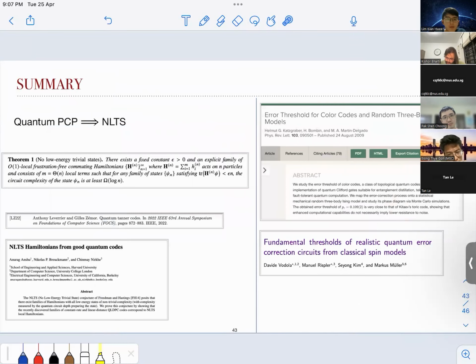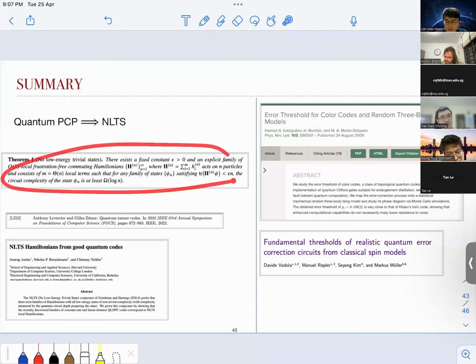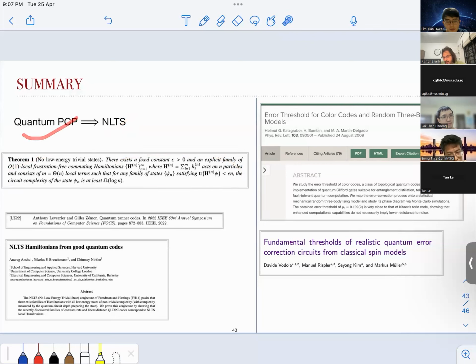After that, we also discussed the NLTS thing, and the NLTS conjecture is true. We still don't know whether quantum PCP is true or false, because if NLTS were false, then quantum PCP would have been false. But these three people showed that NLTS is true.